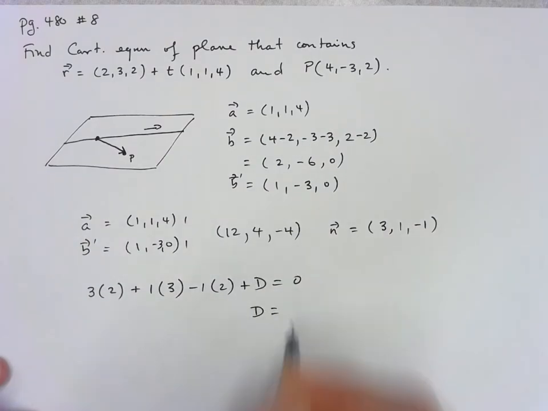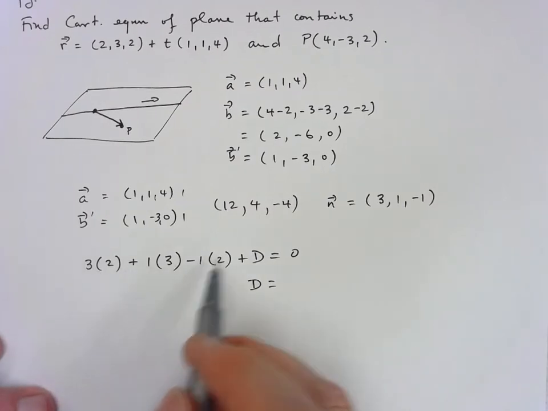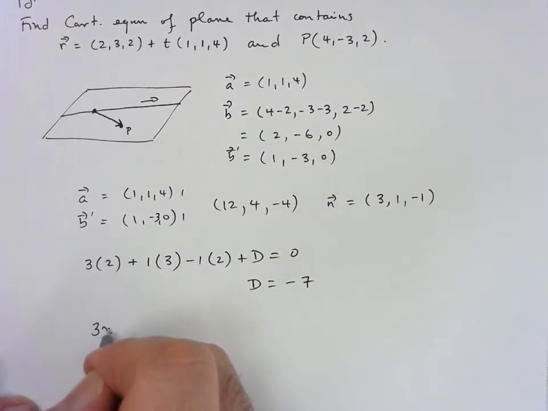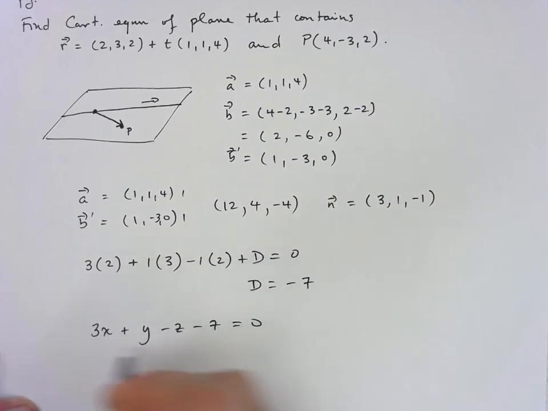So d here is going to be equal to 6 plus 3 is 9, minus 2 is 7. We bring that to the other side, we get negative 7. And so our final answer is 3x plus y minus z minus 7 equals 0.